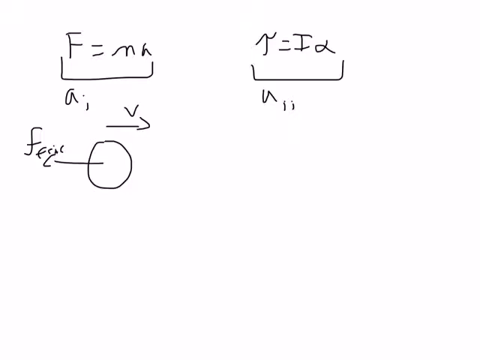We know it is applied at the point of contact, but for this, where it's applied doesn't matter. So the net force is just the frictional force. And we also have a weight and a normal force that are perfectly balanced. So the net force is the friction force, which is mu times N, and N is the weight, mg. So the friction force is mu mg from the free body diagram.